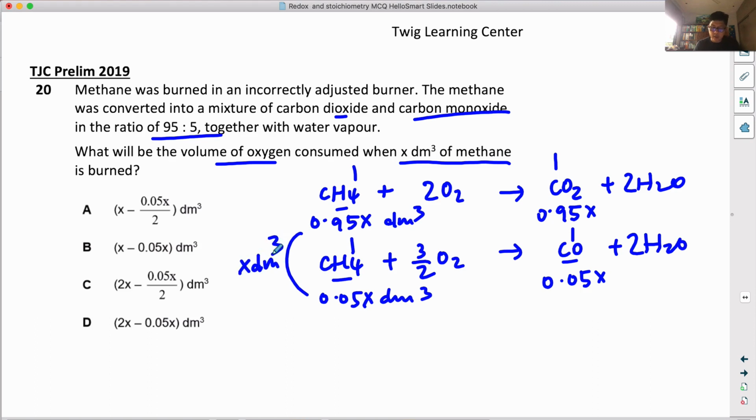Right, so let's check. The amount of oxygen used here may be double of this. So it's going to be 2 times 0.95x, and then over here plus 3/2 times 0.05x.